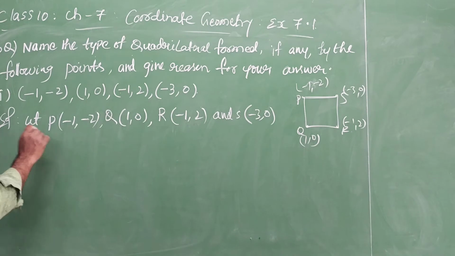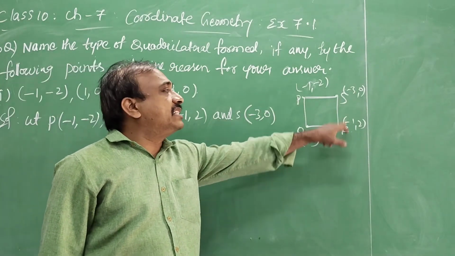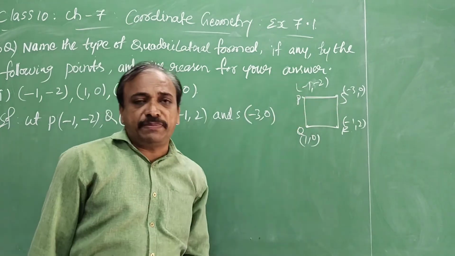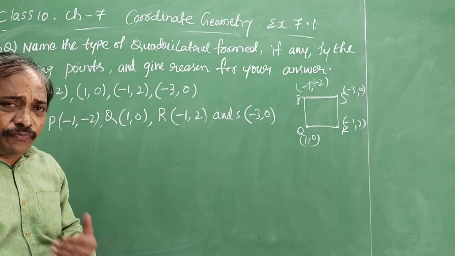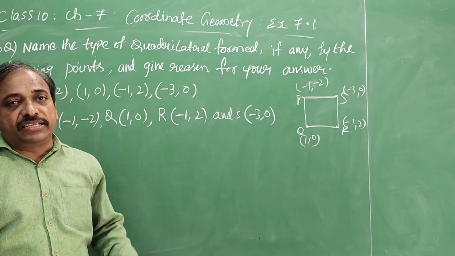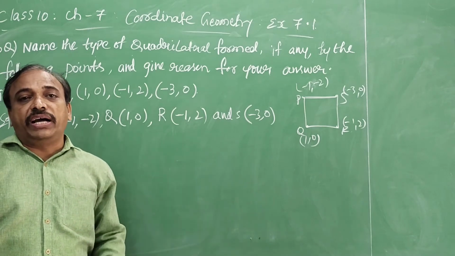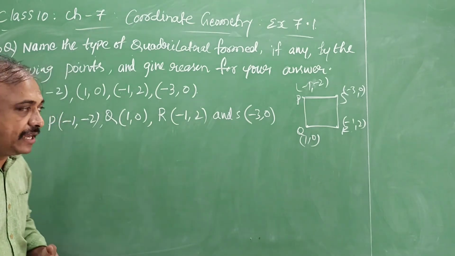So the distance of PQ, QR, RS and SP or PS. If you get opposite sides equal or adjacent sides equal, based on that we can decide whether it's a square, rectangle, rhombus or parallelogram.